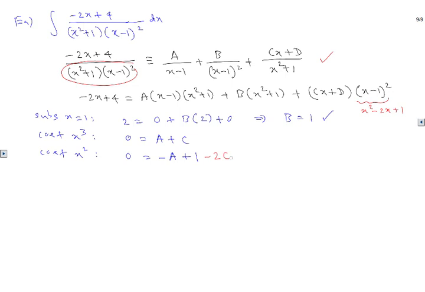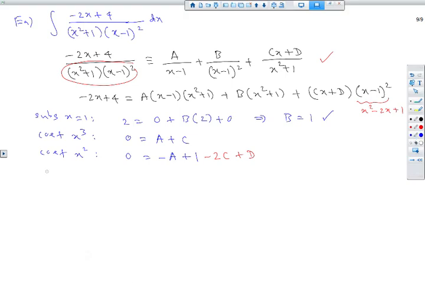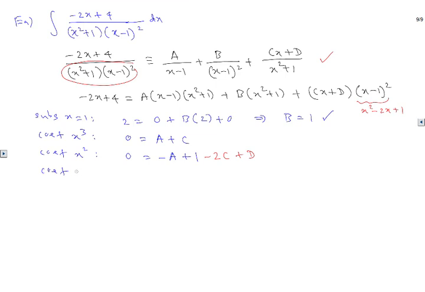There's another way you get an x squared term: if you multiply x squared with d, so you get a d. But there are 3 unknowns here, so there's nothing you can do. So you write extra terms until you find all the unknowns. We still have 3 unknowns, which means we need 3 equations.